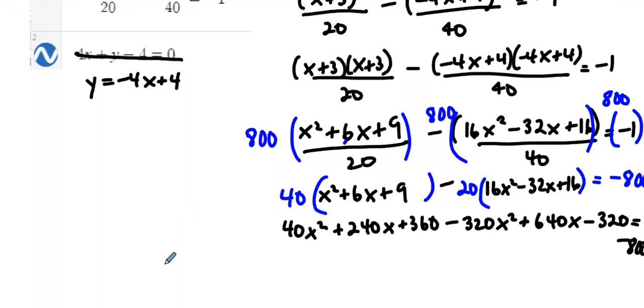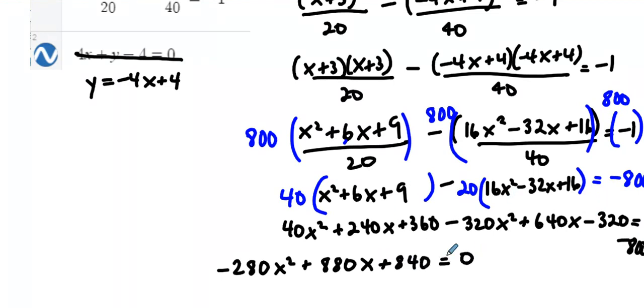Okay, so if we combine like terms, we have 40 minus 320, that's negative 280. 240 and 640 is 880. Plus 360 minus 320, that's 40, and then plus 800 because we bring it over, and that's 840. So the first thing we can do is divide everything by 10.